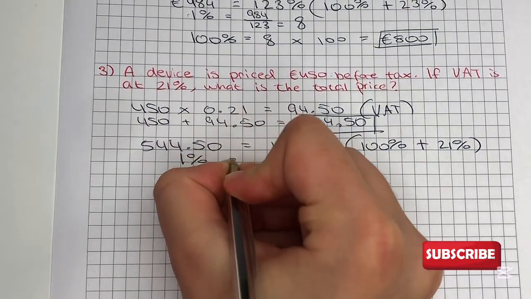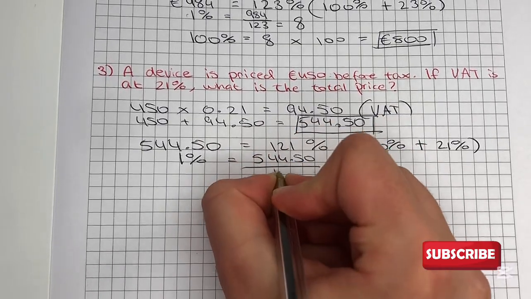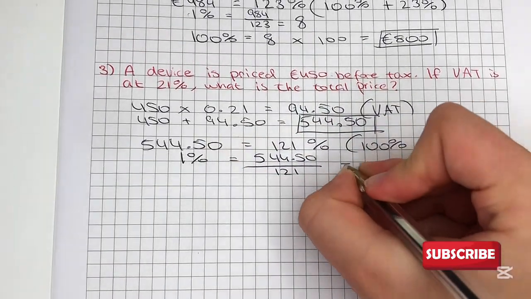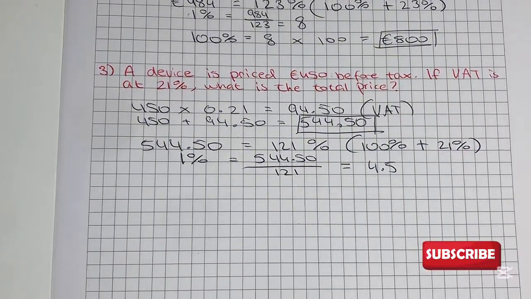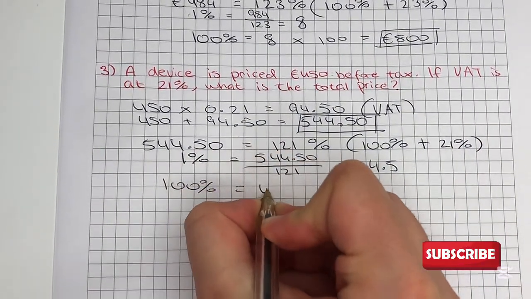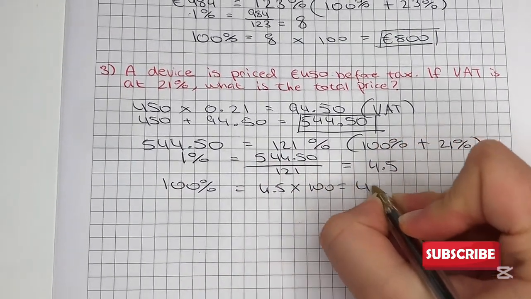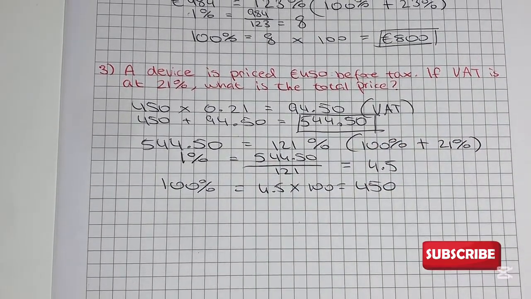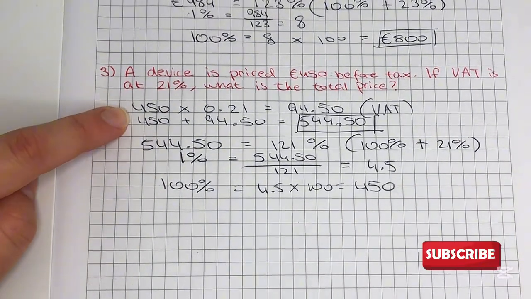So 1%, you would have to do 544.50 all over 121. And that is equal to 4.5. Now we have to find 100%. And 100% is just 4.5 multiplied by 100. And that is 450. Do you see? That's the original price.